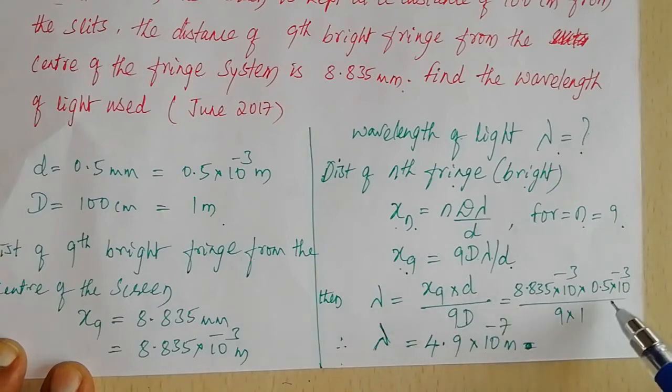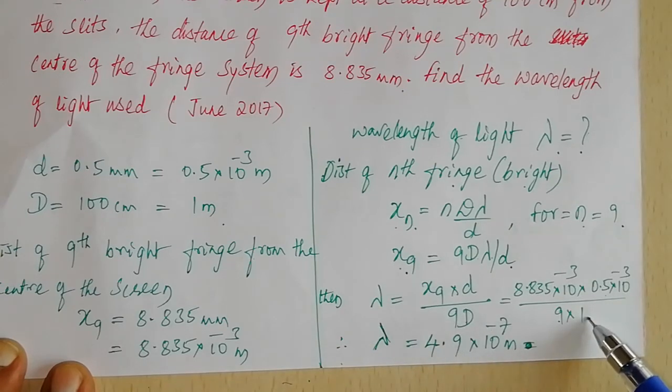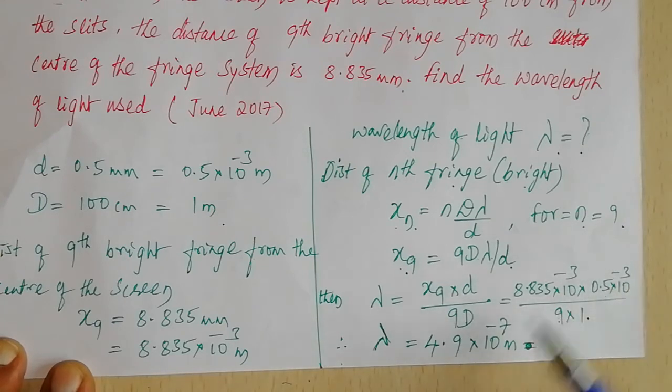Small d is given as 0.5 into 10 raised to minus 3. 9 into capital D, that is the screen distance, is 1 meter. So on simplification, we get the wavelength of light lambda as 4.9 into 10 raised to minus 7 meter.